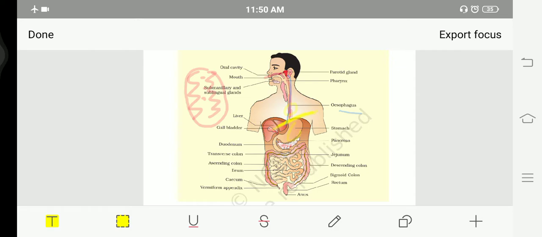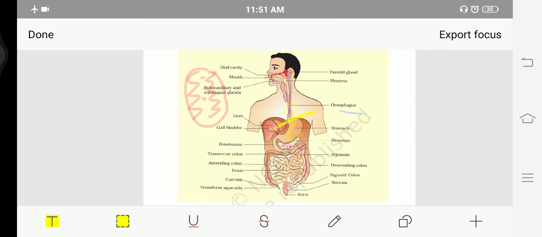The pancreatic amylase breaks down starch or glycogen into maltose. Then the intestinal carbohydrate enzymes like maltase, sucrase and lactase break down the next type of carbohydrate molecules. Maltase breaks down maltose into glucose, two molecules of glucose.